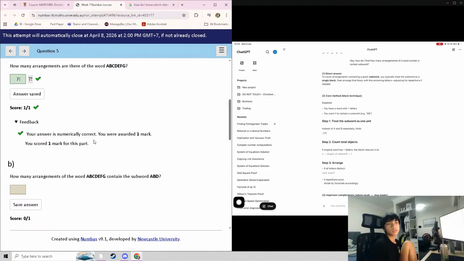If the arrangement has n letters, the block reduces to n minus r plus 1. Treat that as r. If repetitions exist, divide by the factorial of each repeated group.